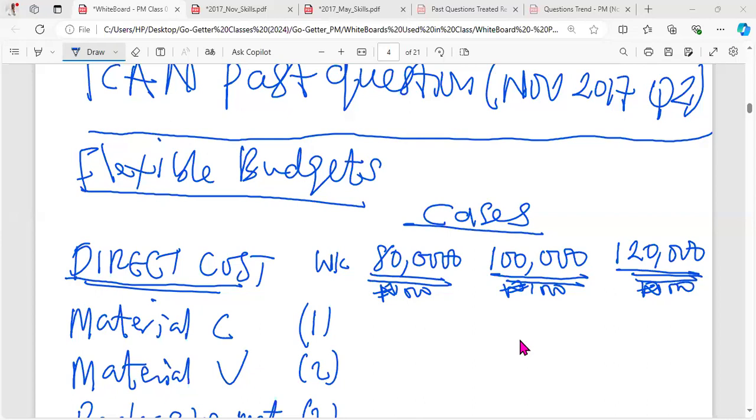So what I want to tell you is, each time you see a cost to be incurred for dumping, for disposal, take it as a revenue if you don't dump it. That's what it means. But if you are considering it as a cost, take it as a negative cost, which is cost you save.